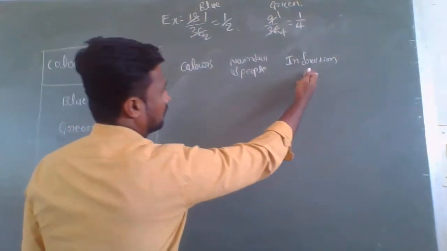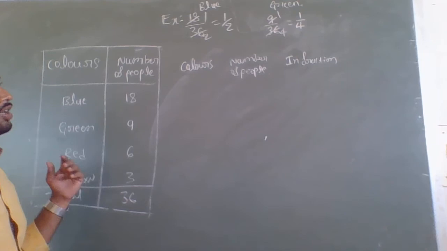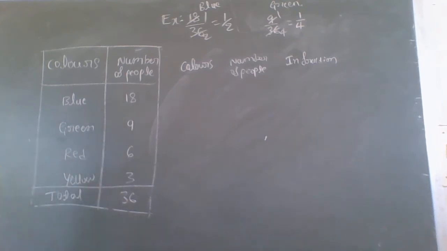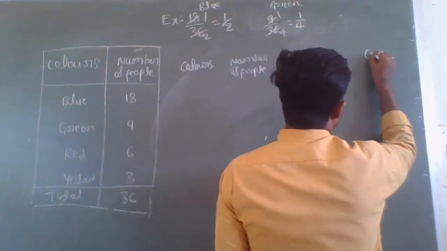Here only I will write these fraction values. I will convert them into proportional values, and the final column is the central angle or corresponding angle.